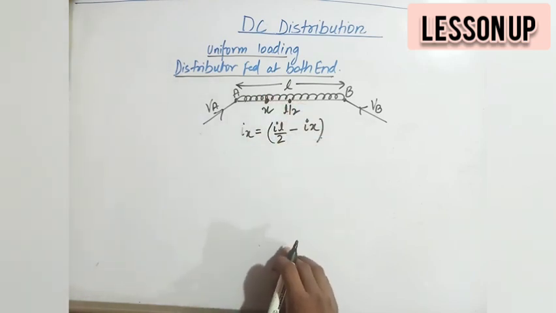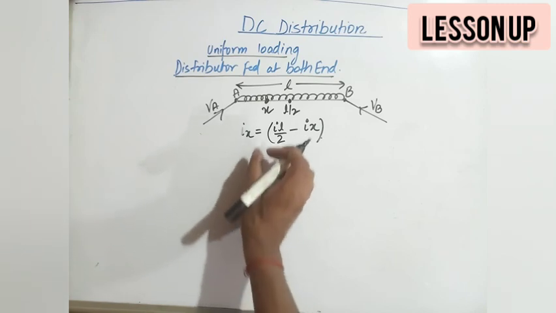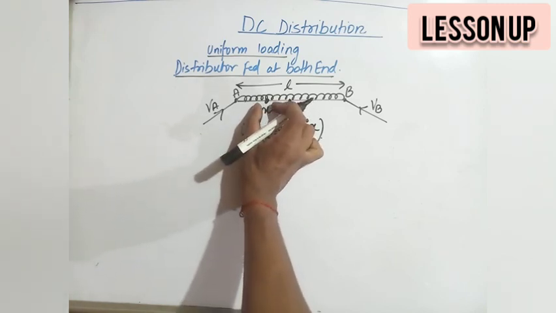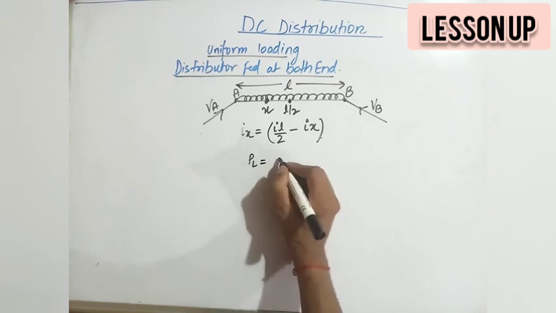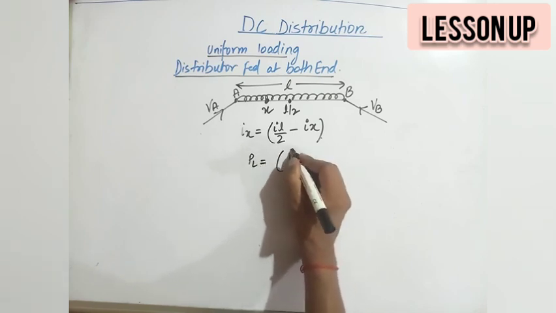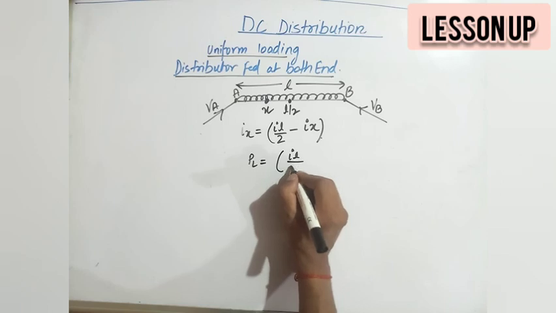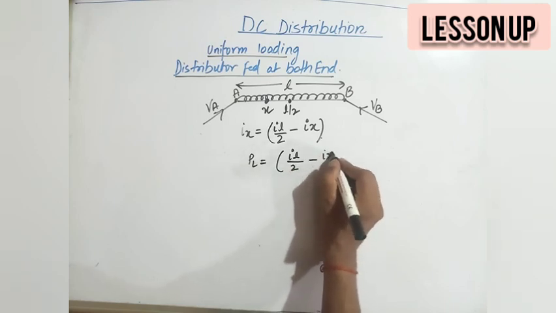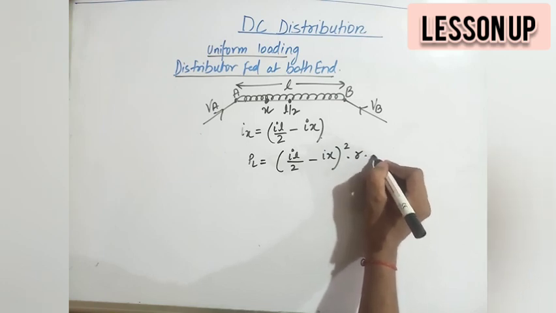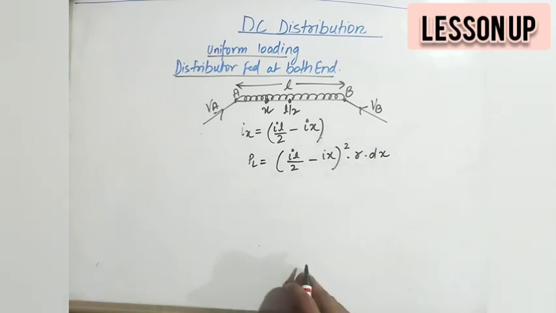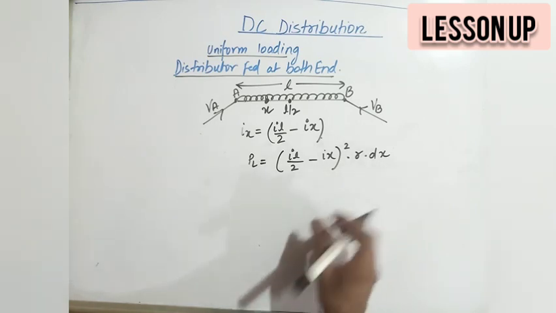Then the power loss in the small segment dx is current IL divided by 2 minus Ix, square, into R into dx. Okay, I square R into dx.